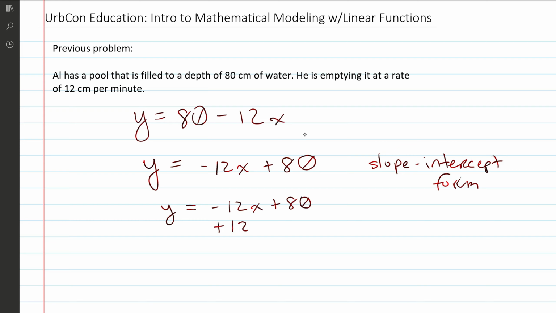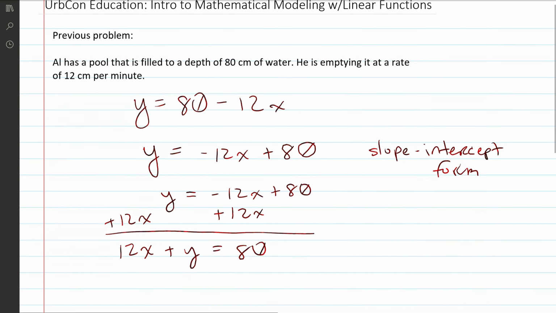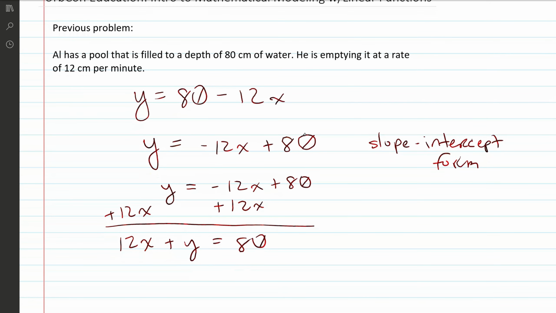So I would just need to add 12x to both sides. So I'm adding it to the right hand side and the left hand side, because what I do to one side I have to do to the other side. So I get 12x plus y is equal to 80. So now when we see the x term and the y term both on the left hand side and the constant on the right, this is known as standard form.